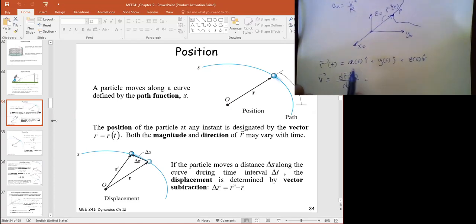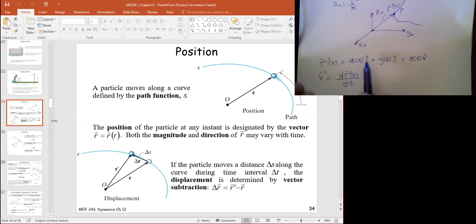And here you do the chain rule of differentiation. i is constant, so it will be just x prime, and here we're providing you x as a function of time. So can someone tell me what would be the derivative of this vector? Derivative of each one? Exactly, take the derivative of each one. It's very simple.